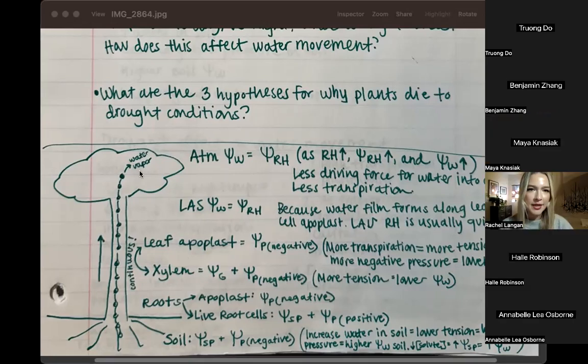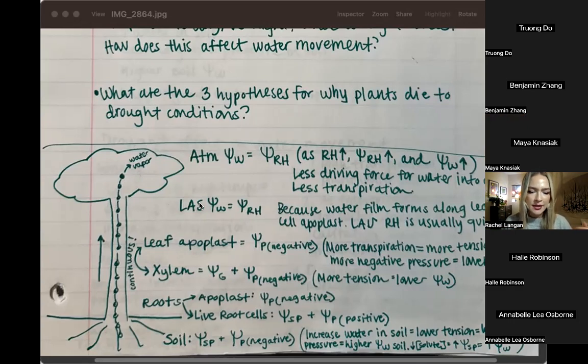The radius of the meniscus comes into play at the two ends. At the top, in the leaf apoplast, there are a bunch of little cross links in the cell wall, and at those cross links, little menisci form.